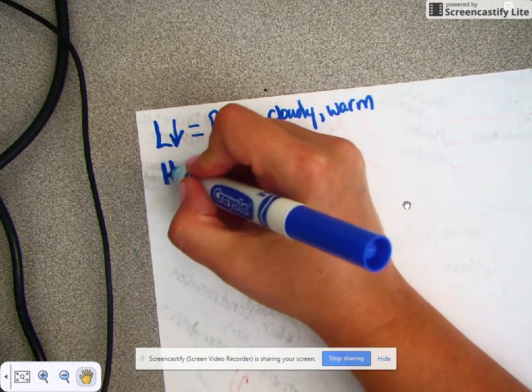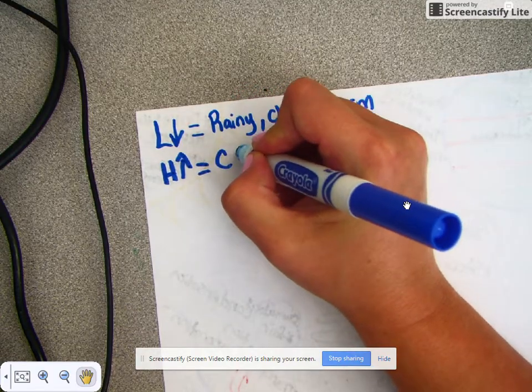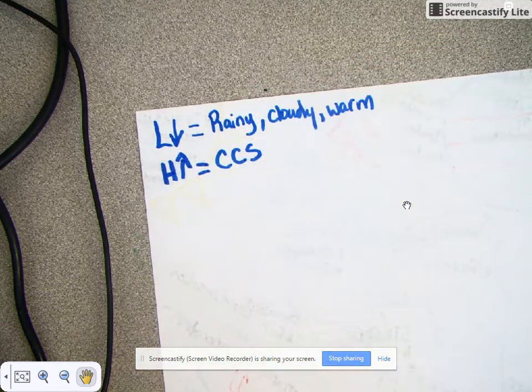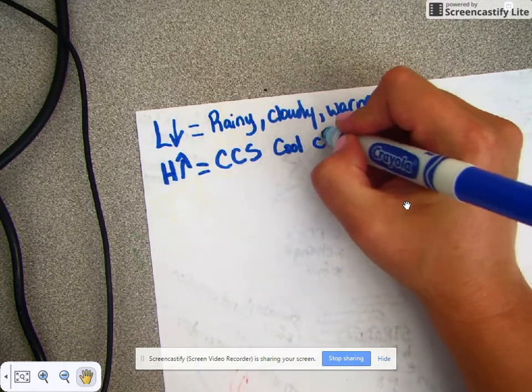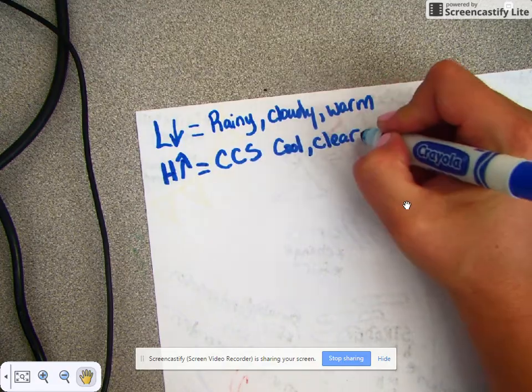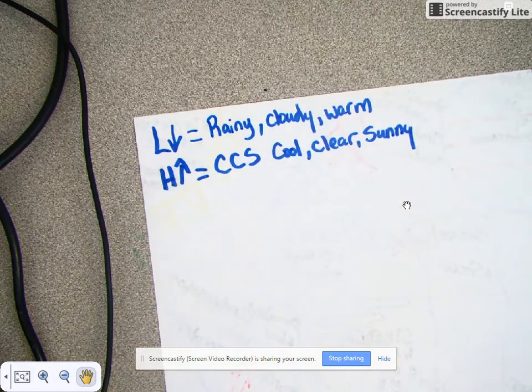Okay? Then we've got high pressure, which is going to be CCS. That's what we decided on in my one class. And it means cool, clear, and sunny. If you remember one, then you don't have to remember the other one.